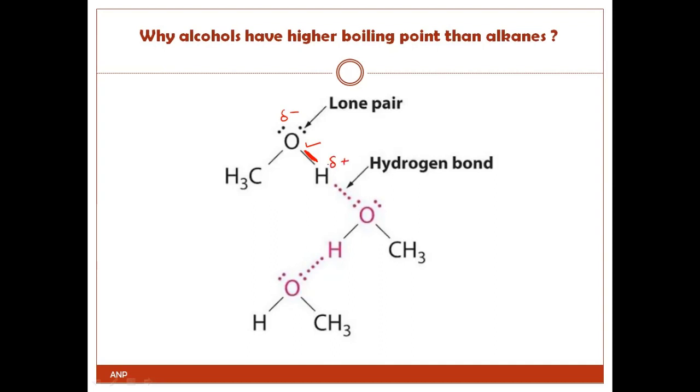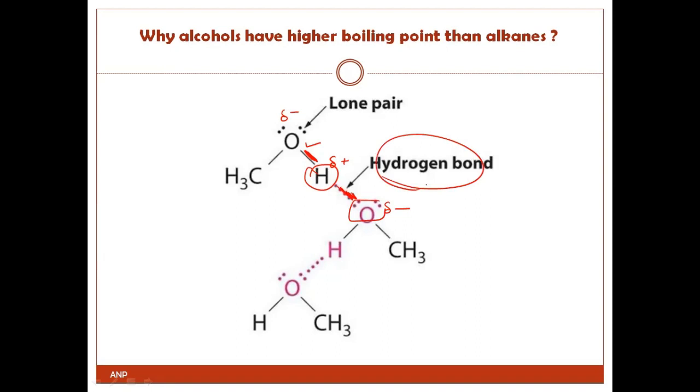The polarity of the OH bond gives rise to forces of attraction between the partially positive hydrogen of one alcohol molecule and the partially negative oxygen in another alcohol molecule, and these forces of attraction are referred to as hydrogen bonding.